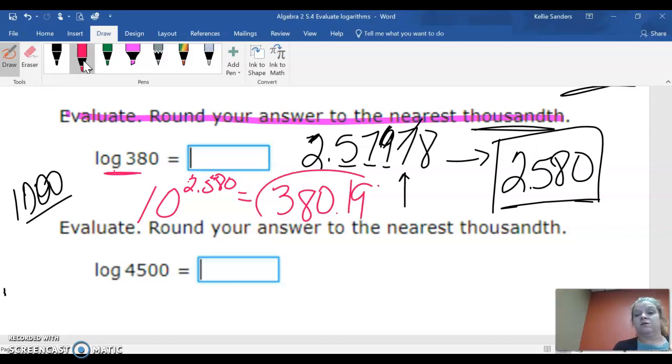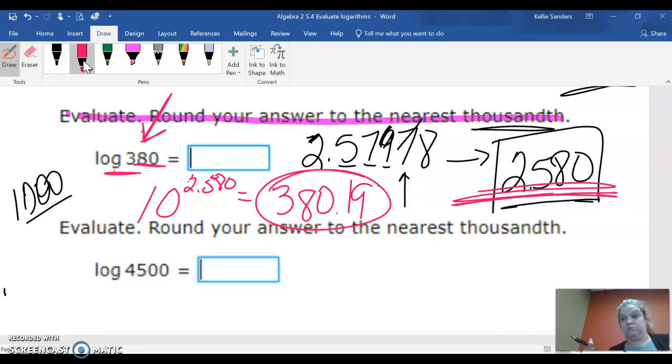So this was approximately this right here, because we rounded this number. We're not ever going to get that exactly, but this is just an approximation, and so that's why we are rounding. This is your answer. I was just checking when I got that.